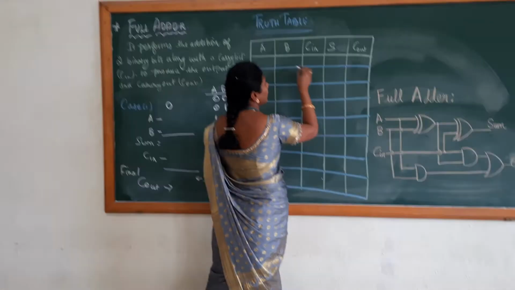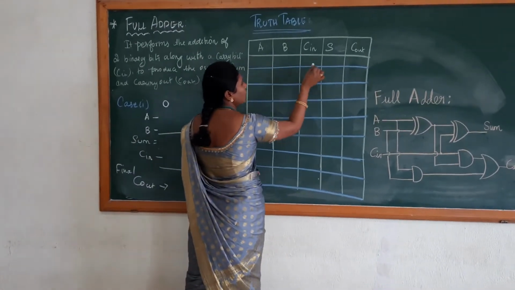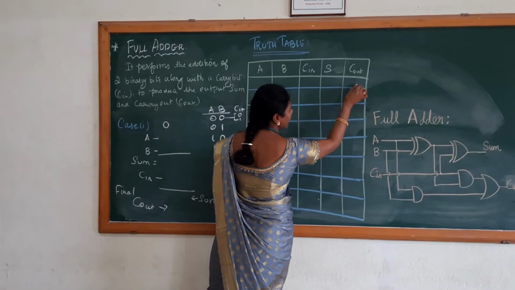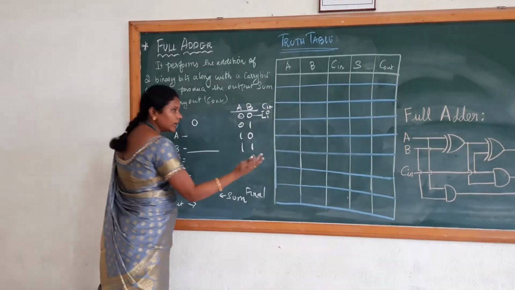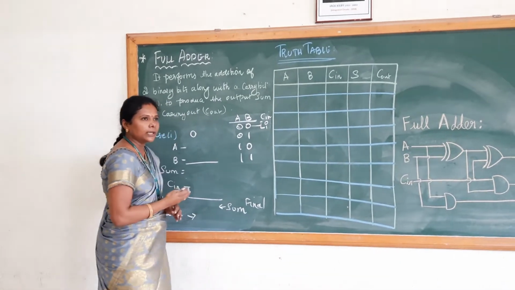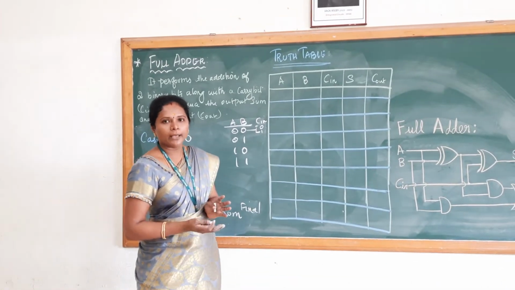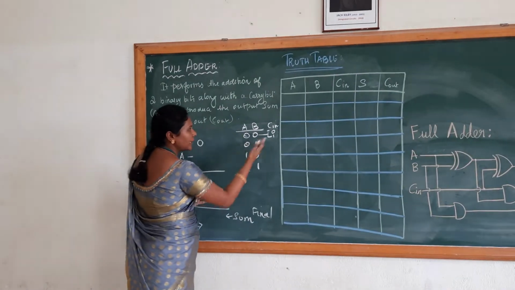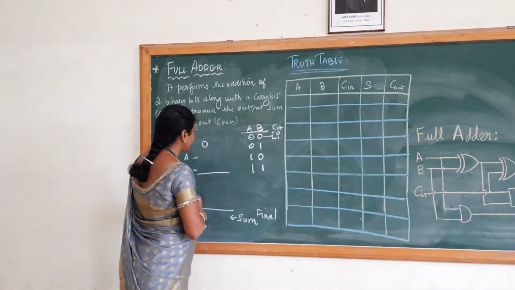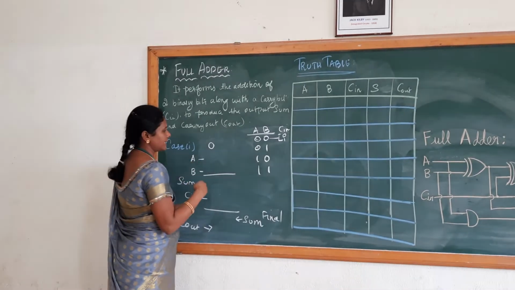And along with that, if it performs the addition, what is my final sum and final carry? Say, for example, because this is a circuit designed by an engineer predicting what my circuit would do when this set of inputs arises, having that in mind, we have to analyze and design.